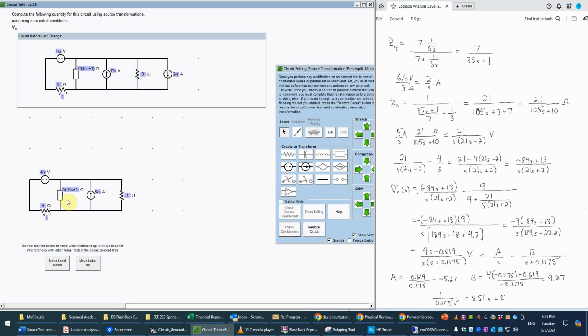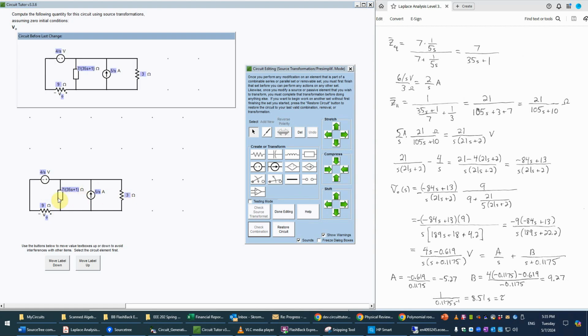And now we see we also have two impedances that are in parallel: the 7 over quantity 35S plus 1 and the 3 ohm. I'm going to combine those in parallel, and I've written that out here. I'm going to use the reciprocal over sum of reciprocals formula in this case, which is equivalent to the product over the sum. I just chose to do it a different way here to illustrate.